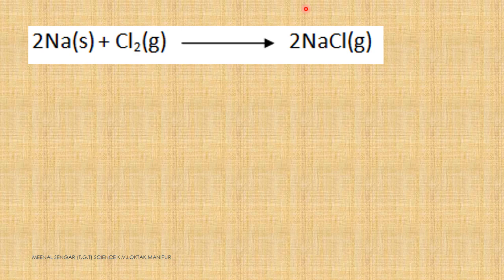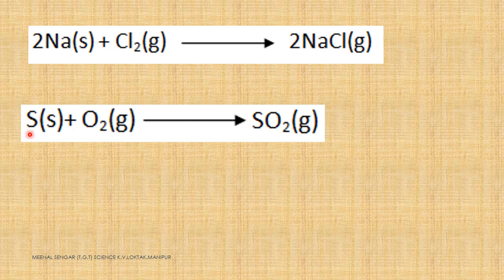When we trap this gas in some conical flask or tubular type things, we can solidify the NaCl and get solid NaCl. These are examples where two elements react together and form a compound. Then this is also a combination reaction.